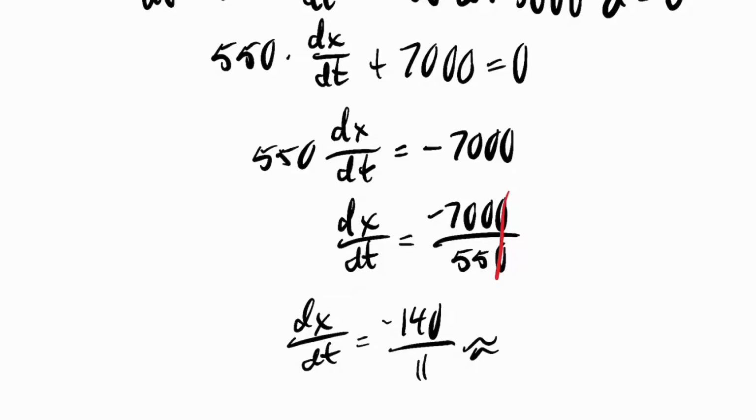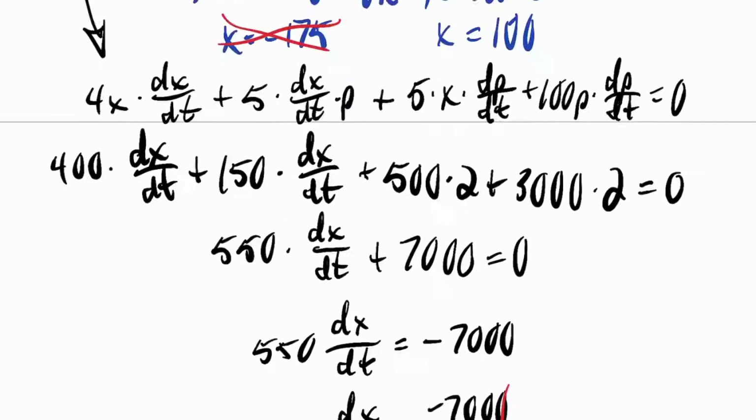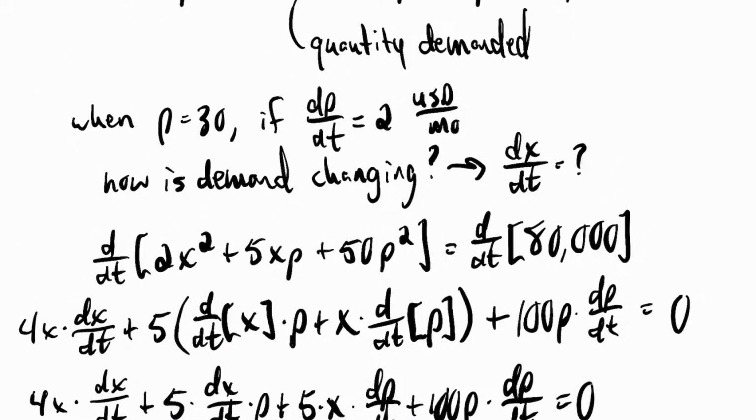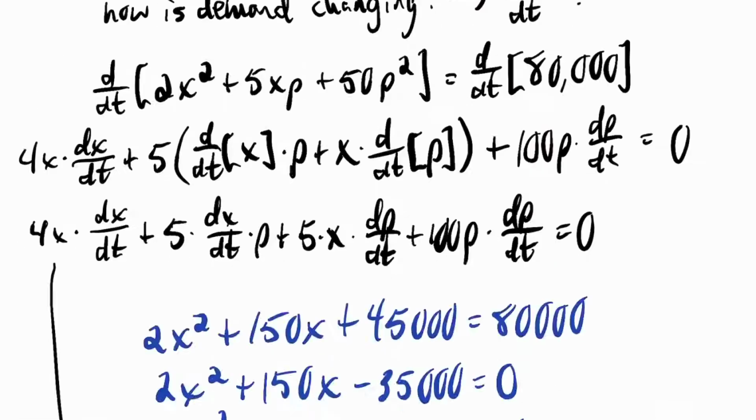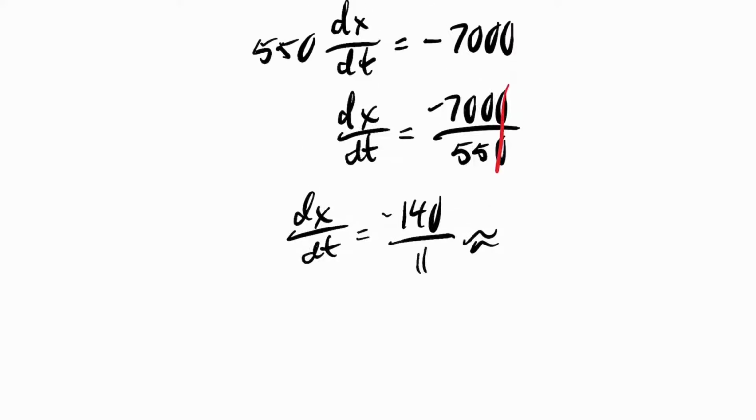And that is approximately negative 140 divided by 11, 12.72. Okay, we'll go with 12.72. That's fine. Or 73 rather, rounds. Negative 12.73. So this means that demand will go down by about 13 units.